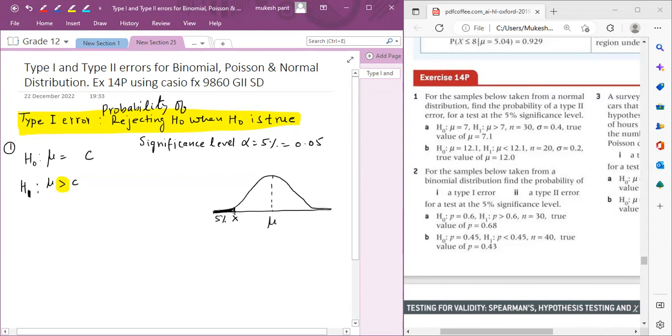What does it mean? Whenever you have this type of problem, where you have this greater than sign and significance level is 5%, in that case you have to put some points in your mind. So I will write on the screen.